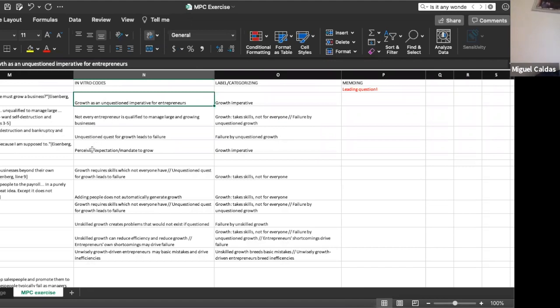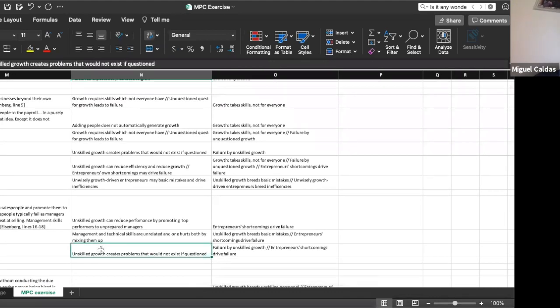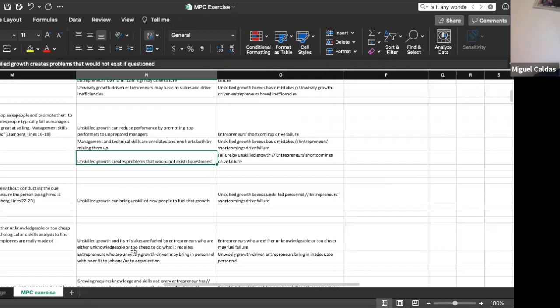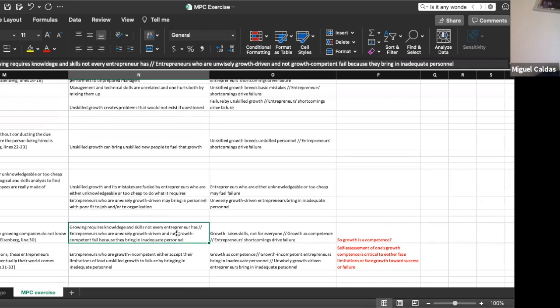So sometimes I would say perceived expectation of mandate to grow, or skill growth creates problems that would not exist if questioned before, or growing requires knowledge and skills not every entrepreneur has, or entrepreneurs who are unwisely growth driven and not growth competent fail because they bring in inadequate personnel.